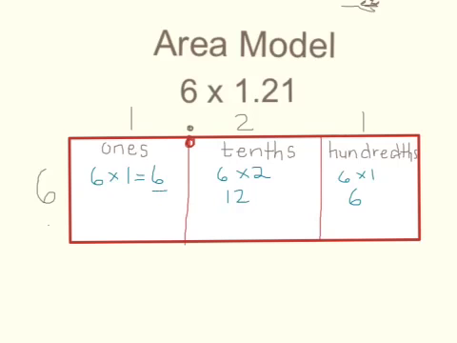So we have 6 in the ones, 12 tenths, 6/100. We have to make an adjustment here. 10/10 is 1. So now we have 7 ones. We still have 2/10 and 6/100. So 6 times 1 and 21/100, our answer is 7 and 26/100.